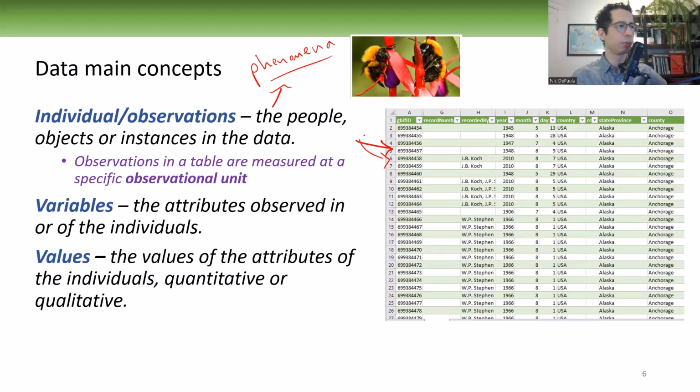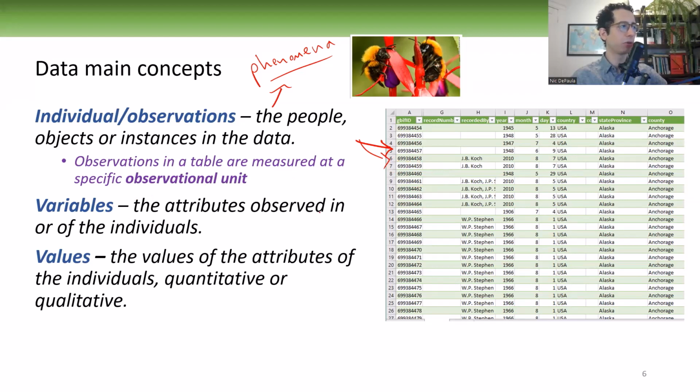So for example, you may have a table where the observational unit is a single bee, and the attributes, the variables, are the attributes of the bees. But perhaps each row, or each observational unit, could also be a colony of bees. So not a single individual bee, but a colony of bees. And in this case, every row would refer to a colony of bees, and we would think of the colony of bees as the observational unit.